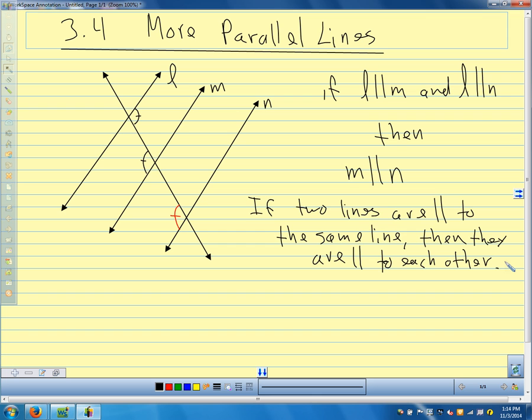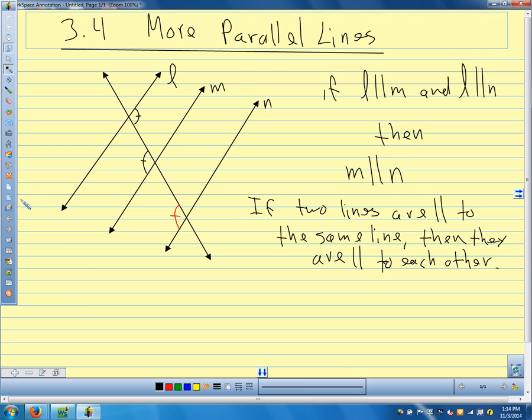Kind of like a transitive property for parallel lines. Two lines are parallel to the same line, then they're parallel to each other. M and N are both parallel to line L, so M and N are parallel to each other. So that's our bottom left box on our graphic organizer.